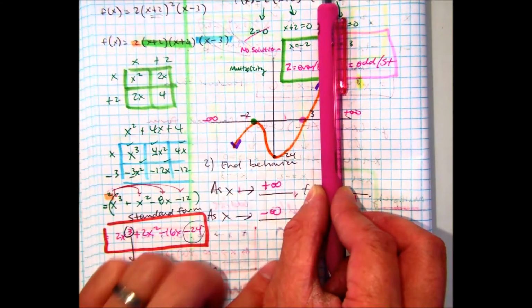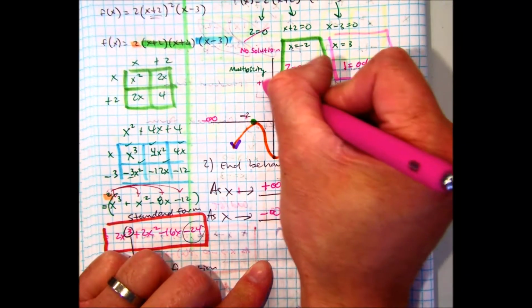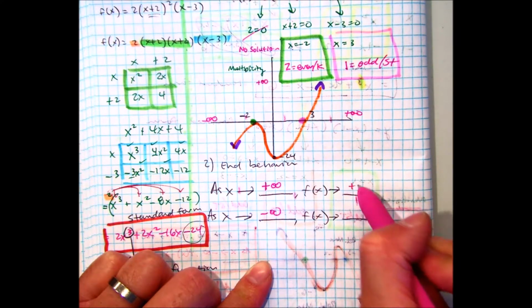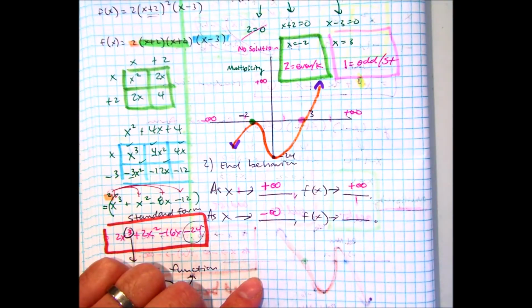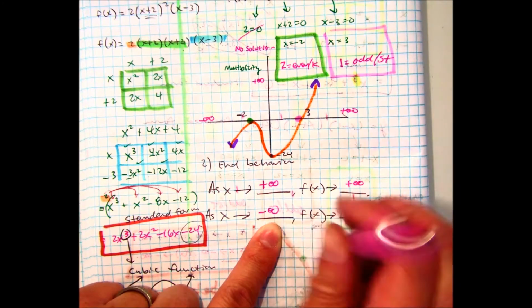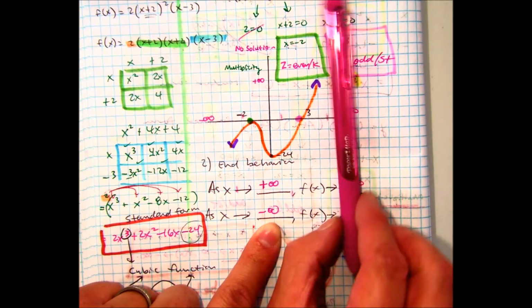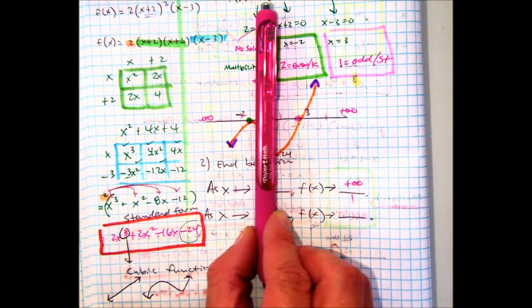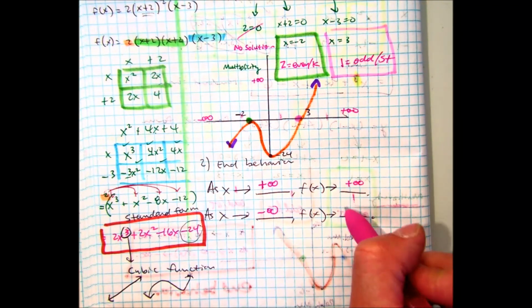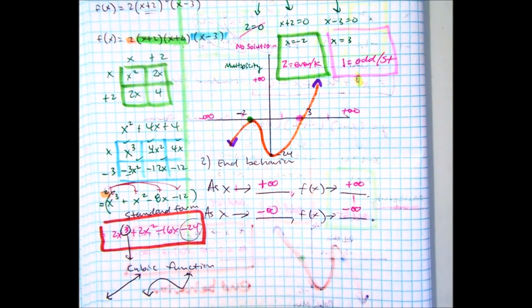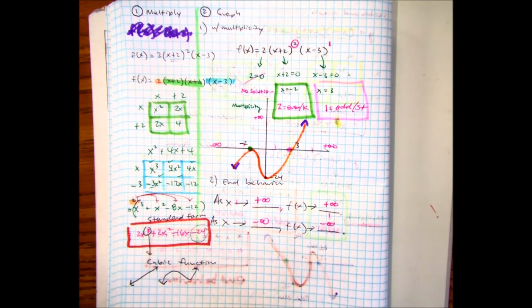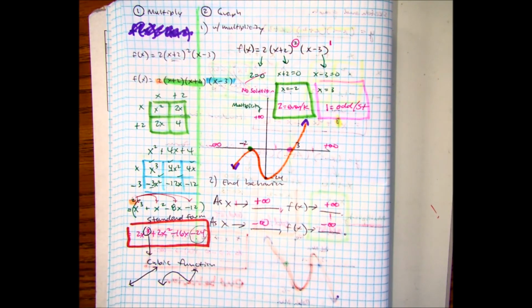Up. And up means what? Positive infinity. So the y values, f of x, goes to positive infinity. What does this mean? As x approaches, where does my graph go? Right to left. The last thing I touch is the arrow, which is pointing where? Which is what? Negative infinity. And that's our end behavior. And that's how you multiply, graph it with multiplicity and end behavior.